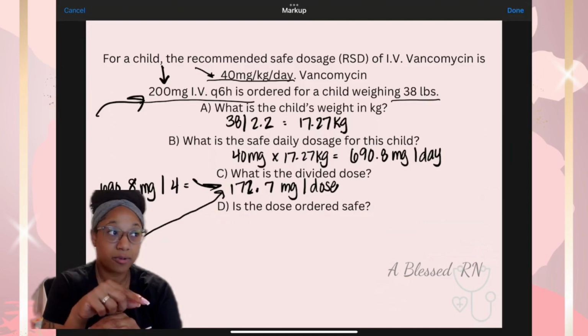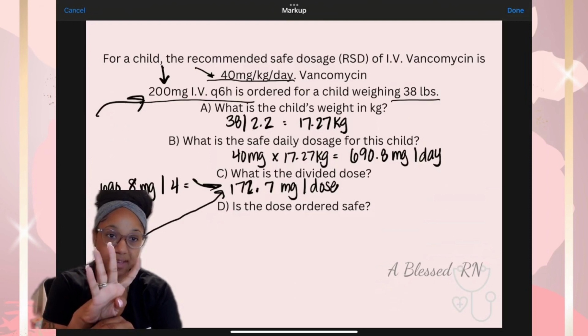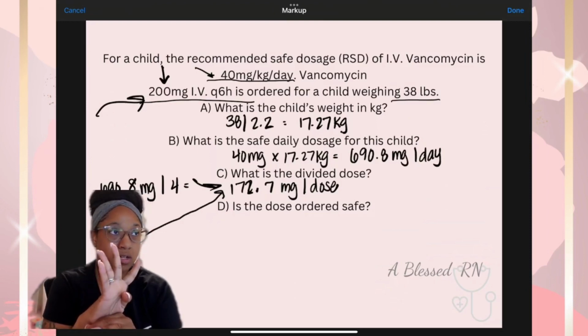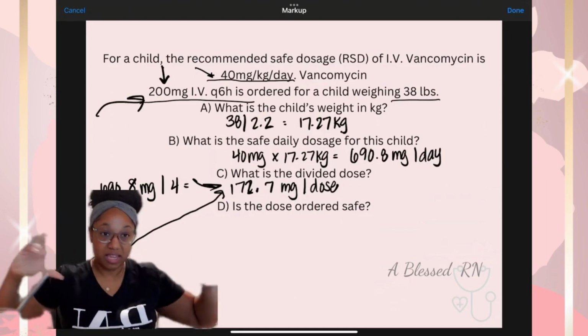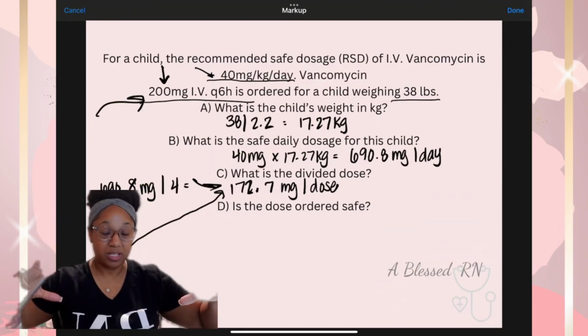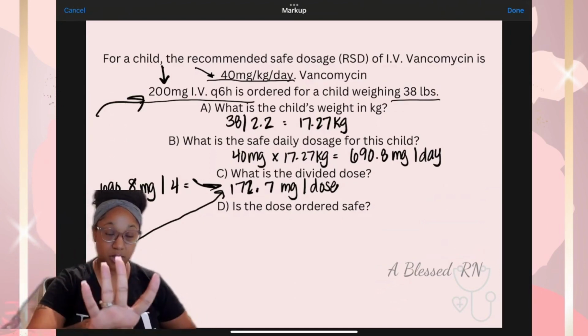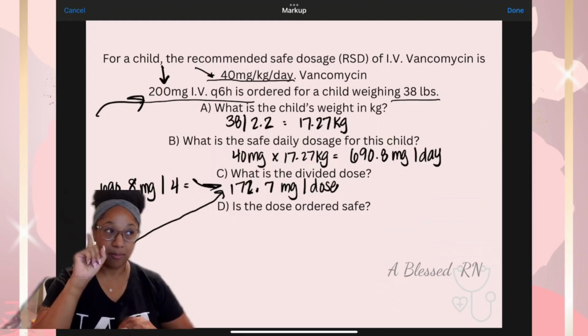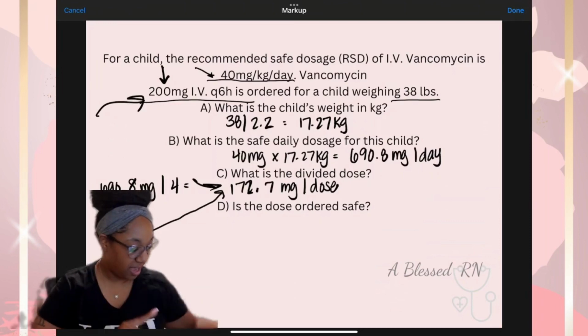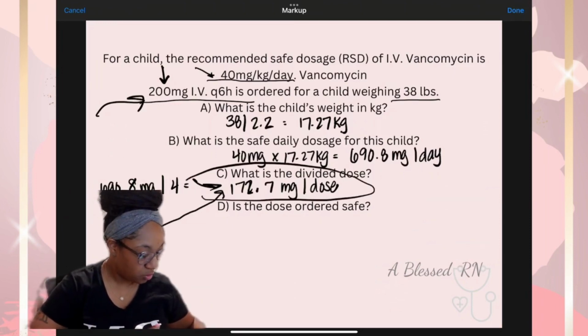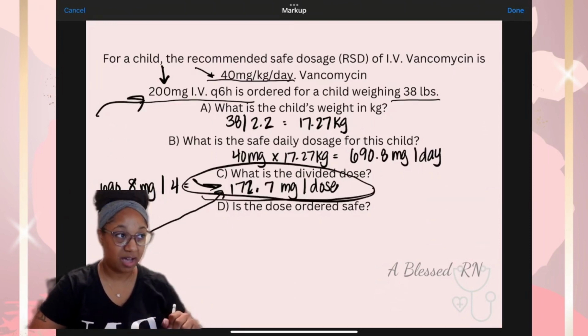So 24 hours divided by 6 is going to be 4 times that you'll be able to give the medicine. So that's 4 different doses, all right? When we determined how much a day, we said, okay, that's all that they can have in one day. Then we divided it into 4 different doses so we can see how much to give at one dose. So this is how much you can give at one time.